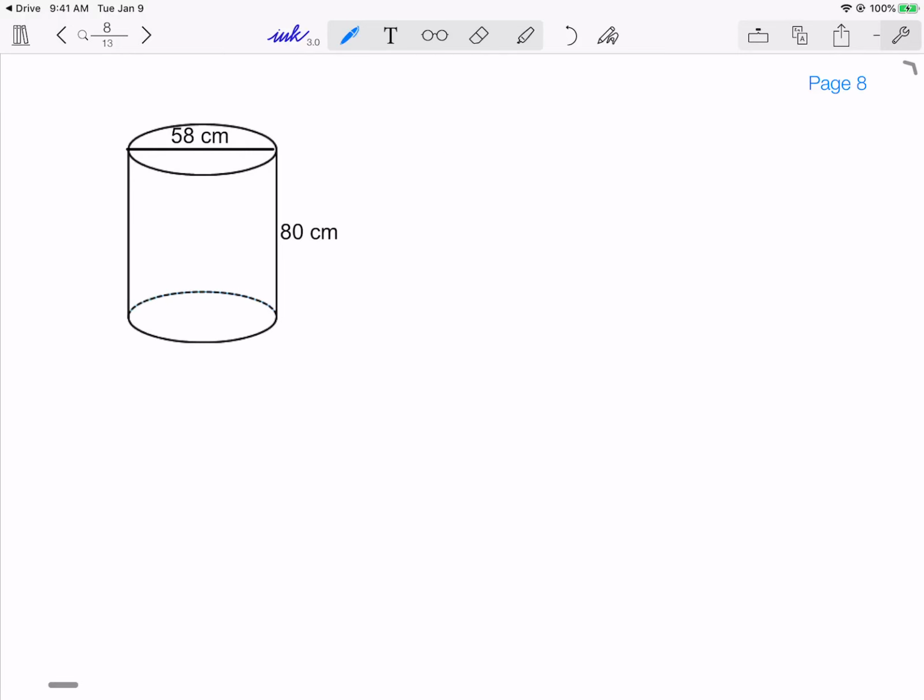All right, so now I've got two bases again. So this is a prism, but more specifically, it's a cylinder. And my formula for a cylinder is area of the base times height, which is really just πr²h. So my h here is 80. My radius I don't have. I actually have my diameter.